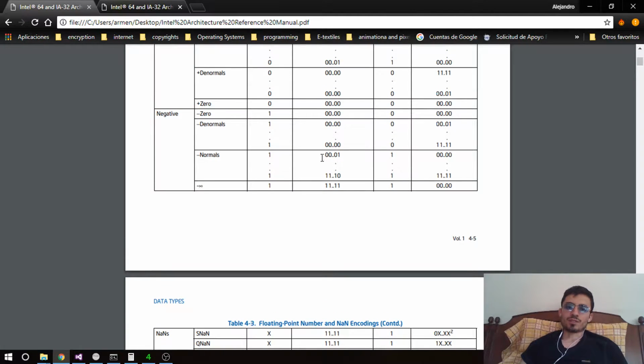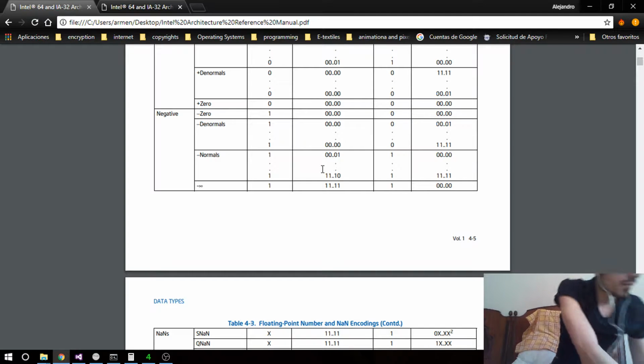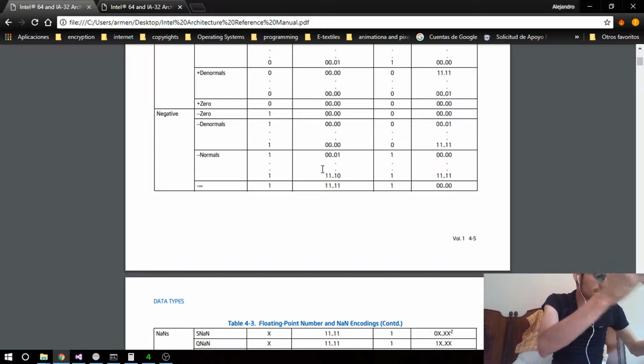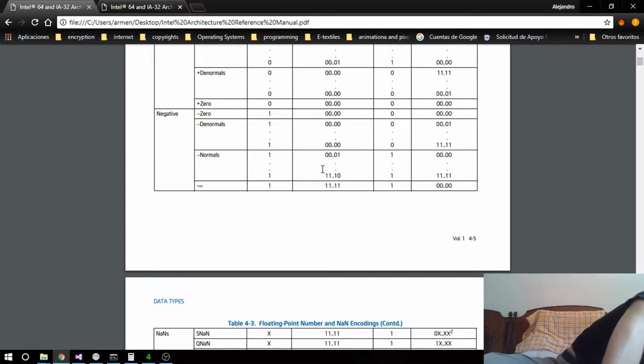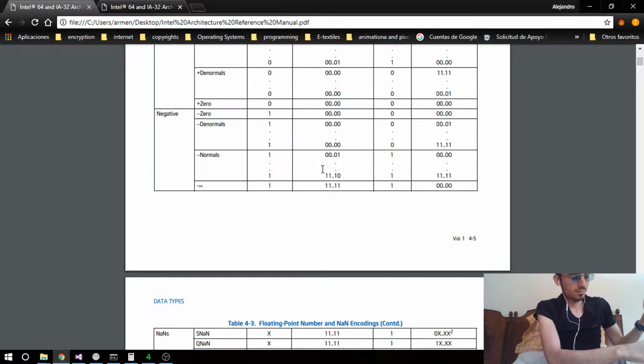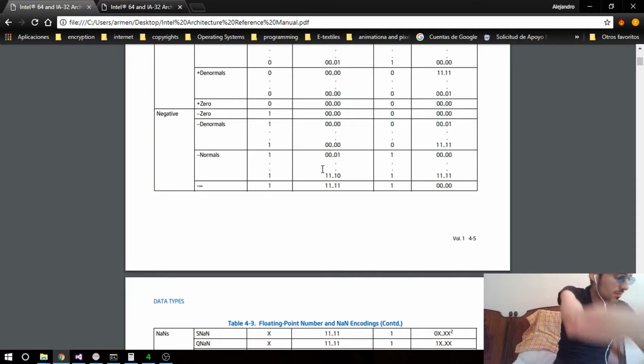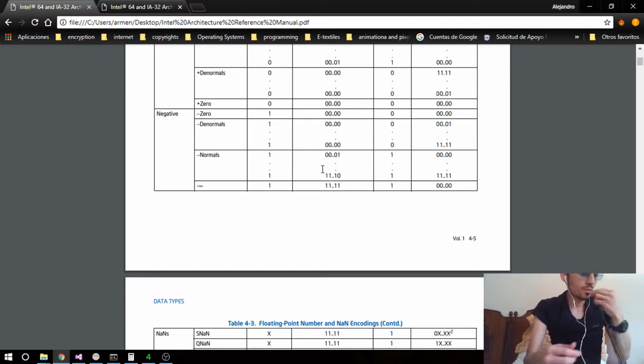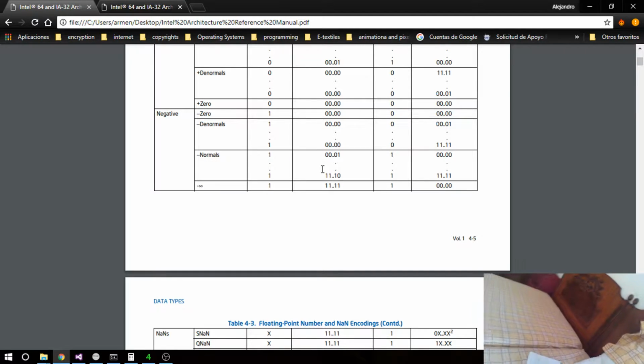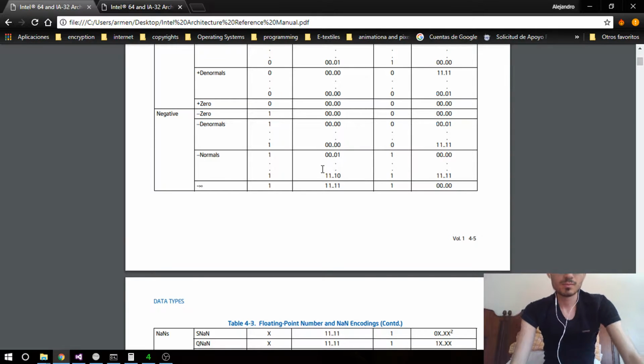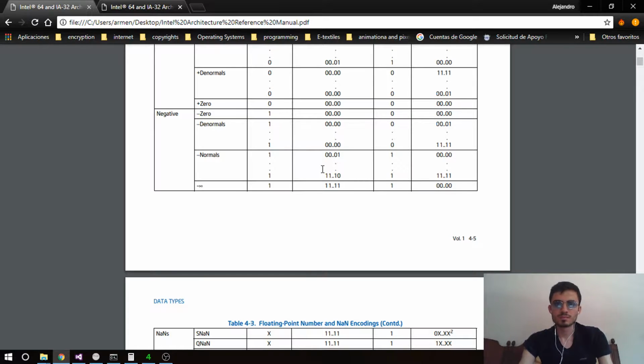And a negative infinite number, well, first a negative normal, it would be the sign bit set. So for normals it would be the same.